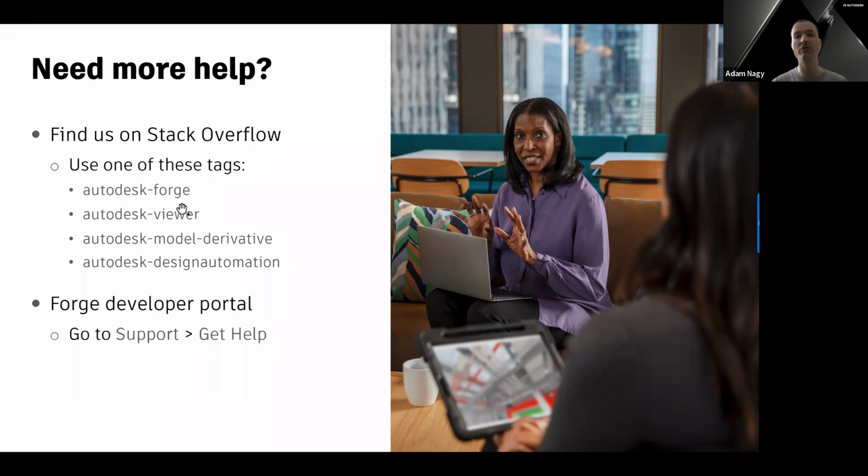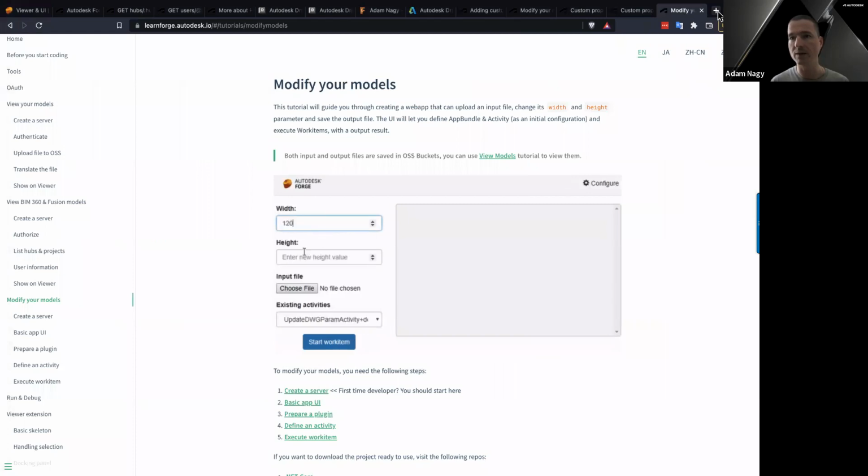So we will be notified that you're asking something on Stack Overflow, and we can get back to you there. But if you don't want to ask something publicly because it might be including some private information, in that case, you can also send us an email, forge.help@autodesk.com, and that should be listed on the Get Help site as well.